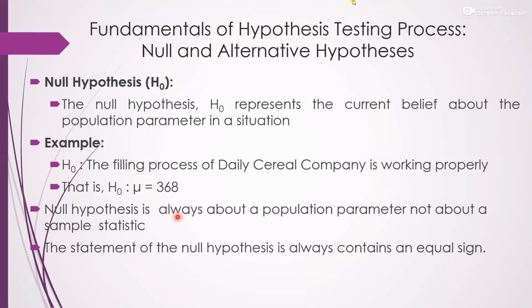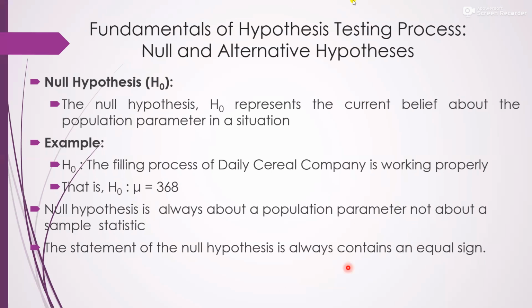Also, the statement of the null hypothesis always contains an equal sign. When we express our null hypothesis in statistical terms, the sign should be the equal sign. The exact value of the population parameter should be specified under the null hypothesis.